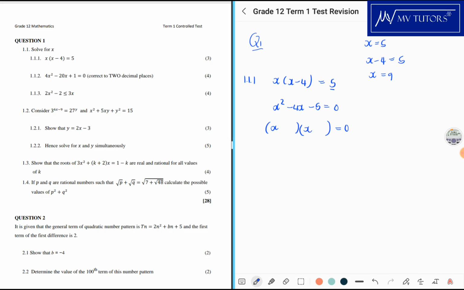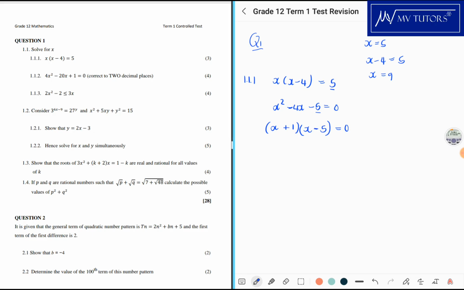But for those of you who feel comfortable with factorizing like this, you can tell yourself, okay, 5 is a prime number, so the only factors are 1 and 5. Now you need to decide how you are going to get minus 4. Well, if you say minus 5 plus 1, you will get minus 4.